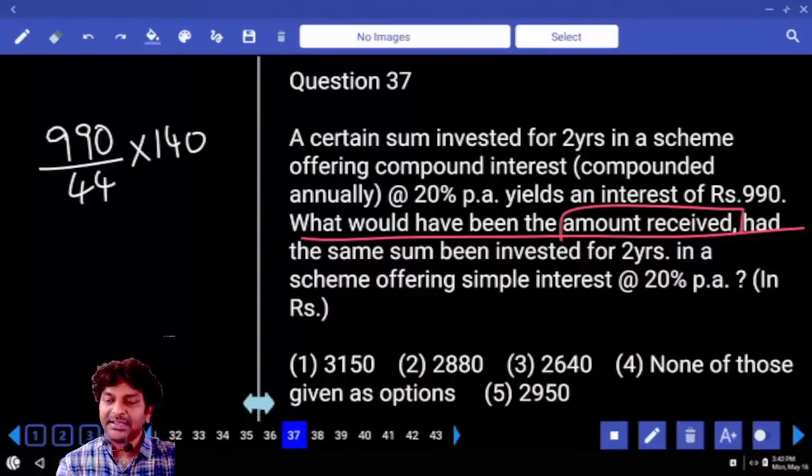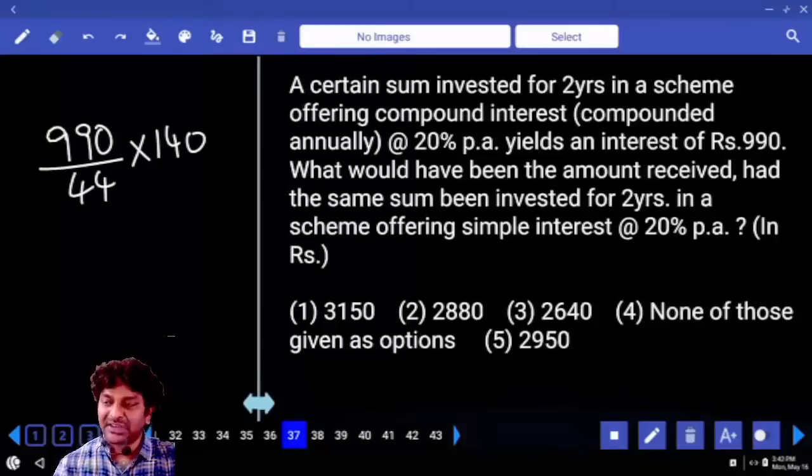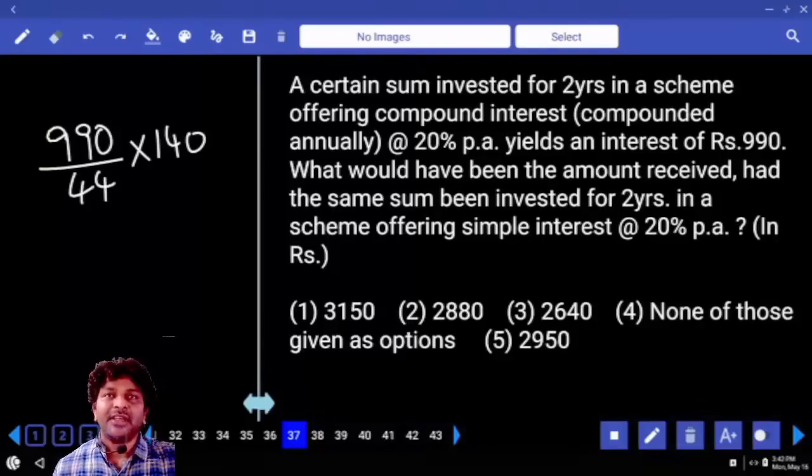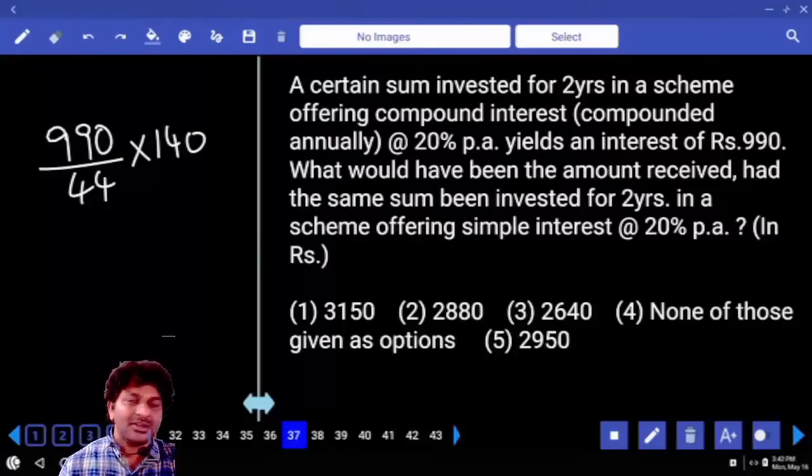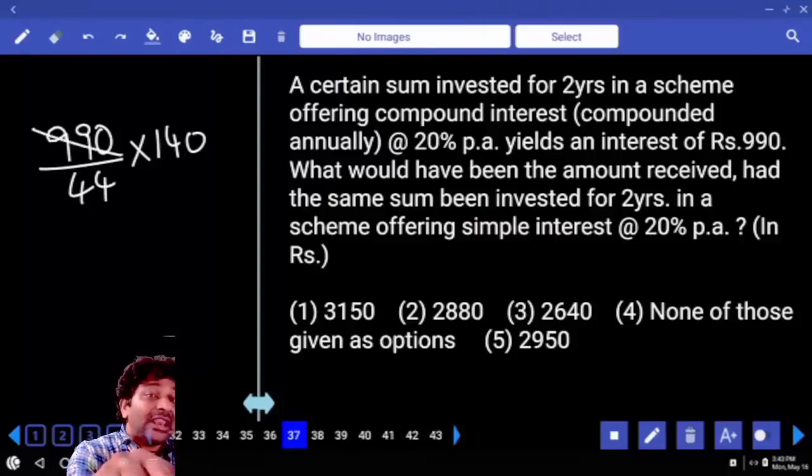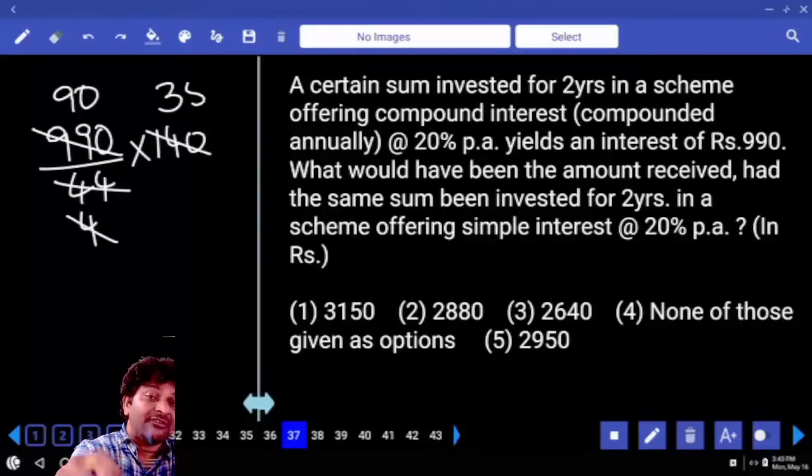Correct? Yes. You have one of the options as none of the above. So we cannot verify last digit or multiplication rule. We have to calculate the answer. అర్థమైందా? మీకు ఆన్సర్ ఒరిజినల్ ఏదో అయ్యి ఉండొచ్చు, అది ఆప్షన్లో లేకపోవచ్చుగా. అప్పుడు ఫోర్త్ ఆప్షన్ ఆన్సర్ అవుతుంది, నన్ ఆఫ్ ది అబోవ్ అని. కాబట్టి ఇలా ఇచ్చినప్పుడు లాస్ట్ డిజిట్ కానీ లేదా మల్టిప్లికేషన్ రూల్ కానీ వెరిఫై చేయకూడదు, కరెక్ట్గా చేయాల్సిందే. 11 90 times, 11 4 times, 4 30 5 times.